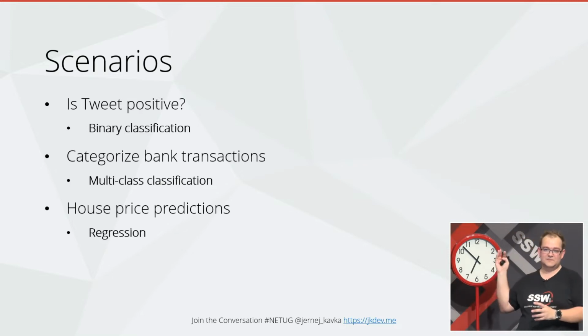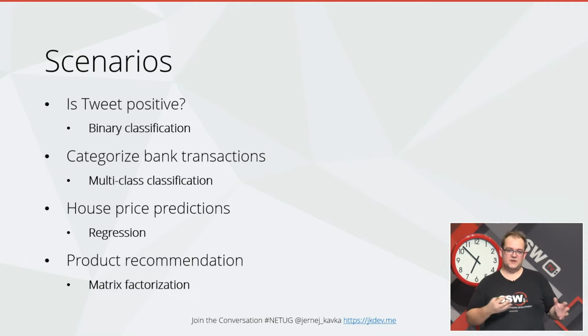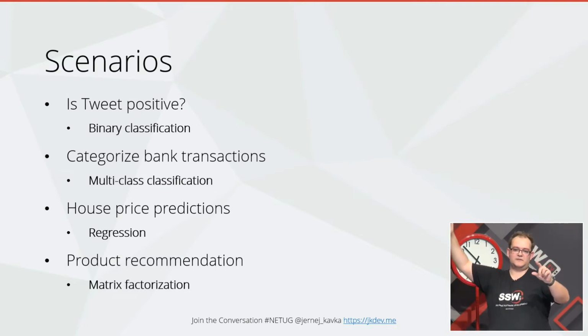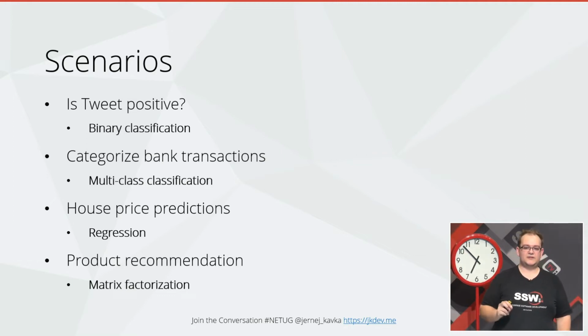House prices prediction, you use regression. And for product recommendation, you use matrix factorization, which is unsupervised clustering. As you can see, based on what you pick, the scenarios, you basically travel through that machine learning tree to figure out, okay, what do I actually need to know?